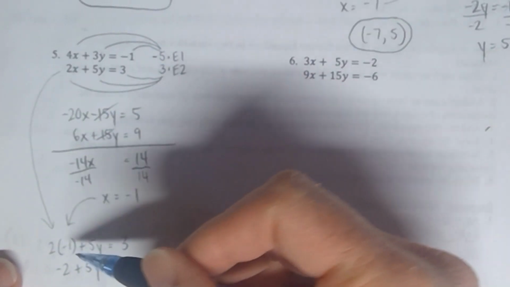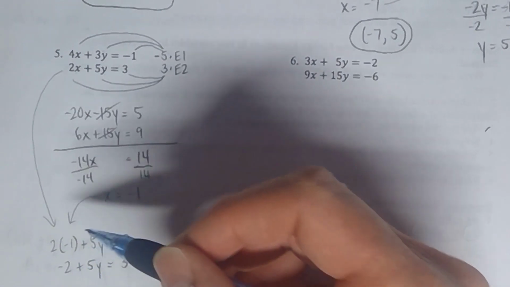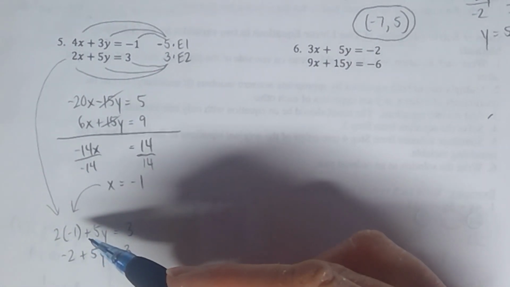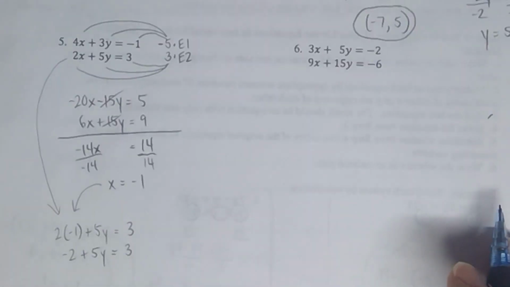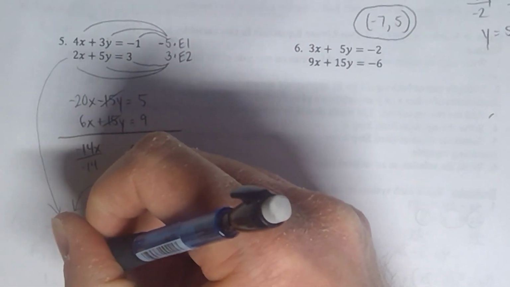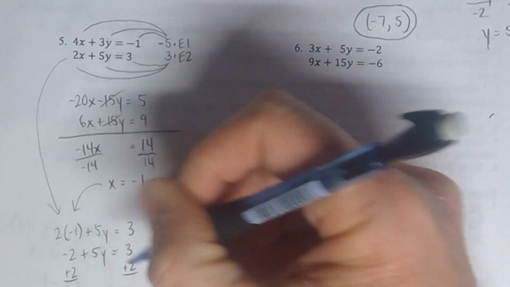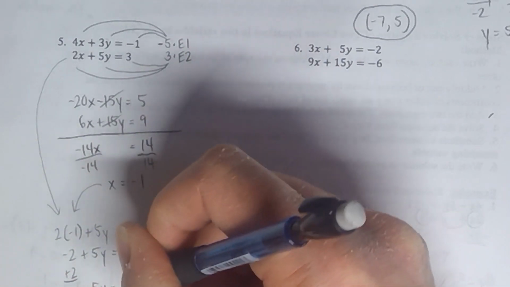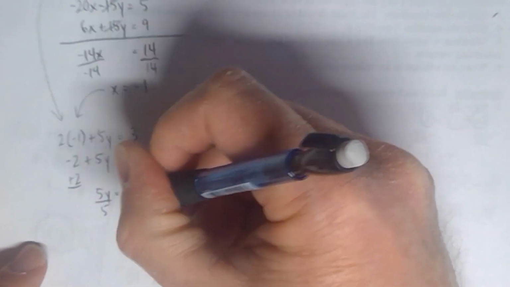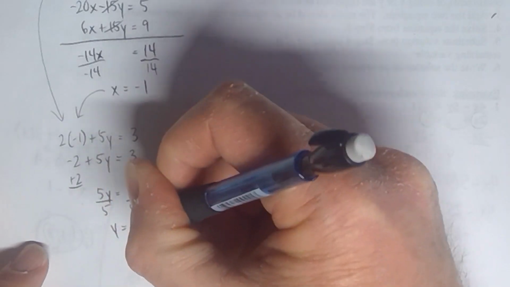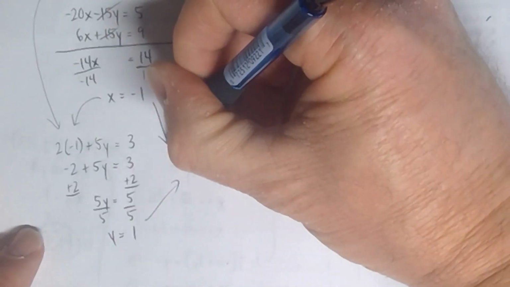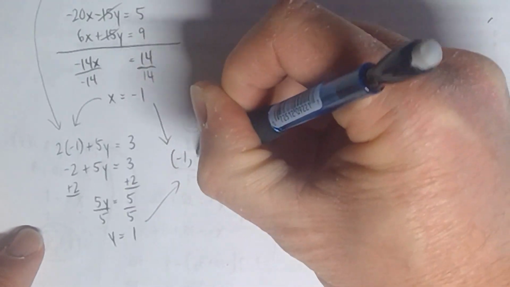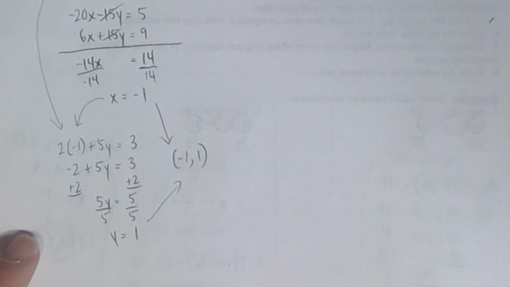Remember to figure out what the term is equal to that you plug the number into. It is equal to -2, as you can see there, 2 times -1. And then I solve as normal here. Since it's a linear equation, I get the two terms that don't have the variable in it on the same side. I then divide out, and my final answer for the y part is going to be y equal to 1. So what's the final answer here? -1, 1.